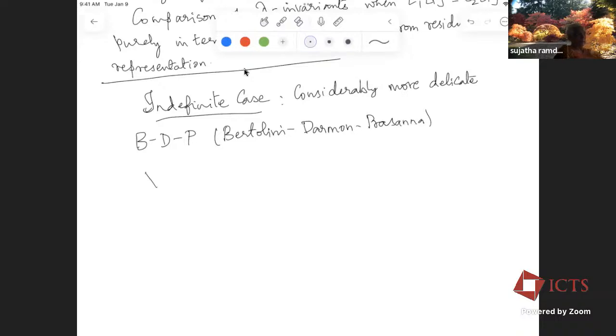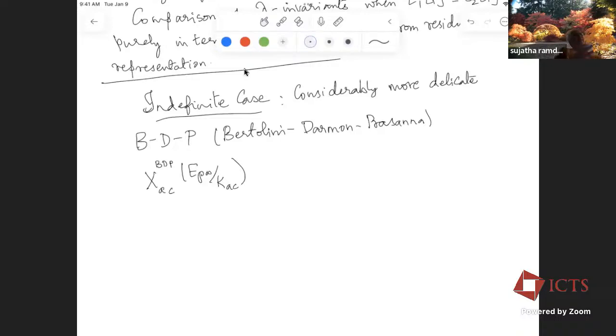Let me call that X anticyclotomic BDP, E[p^infinity] over K anticyclotomic. So this is the dual Selmer group defined as per Bertolini, Darmon, Prasanna, where the local conditions are now quite different. And I still have not understood the reason for this.